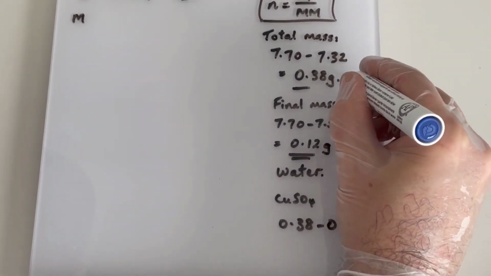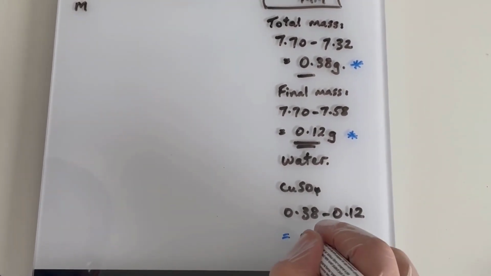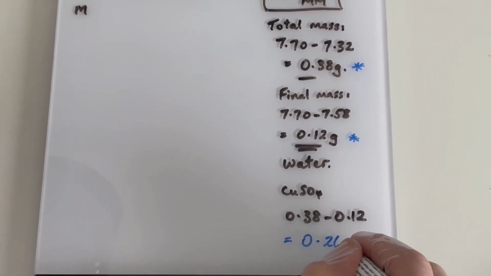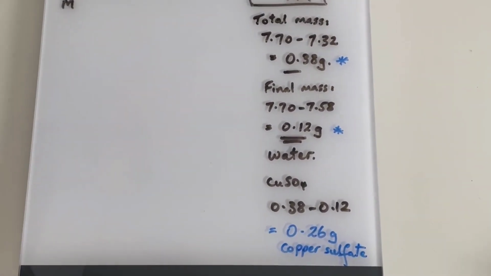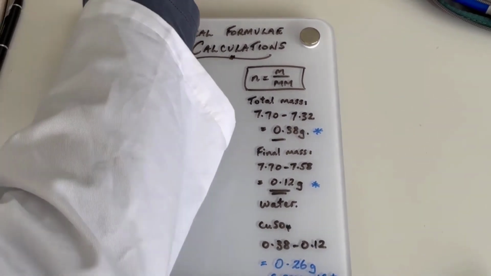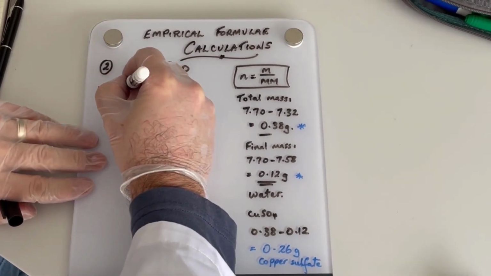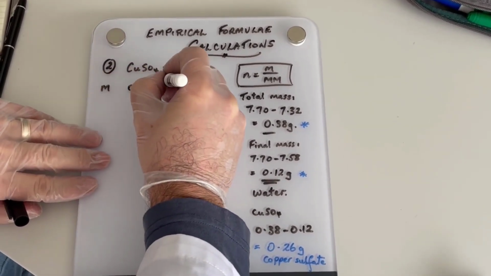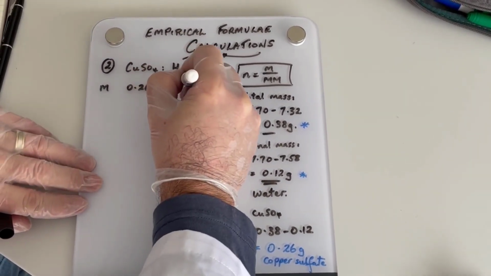These are the two values that I've used here to give me 0.26 grams for copper sulfate. So let's put these values into our equation. So copper sulfate, 0.26, and water, 0.12.